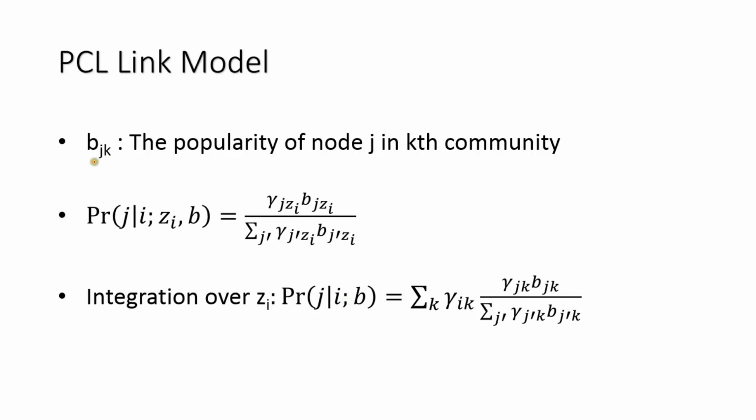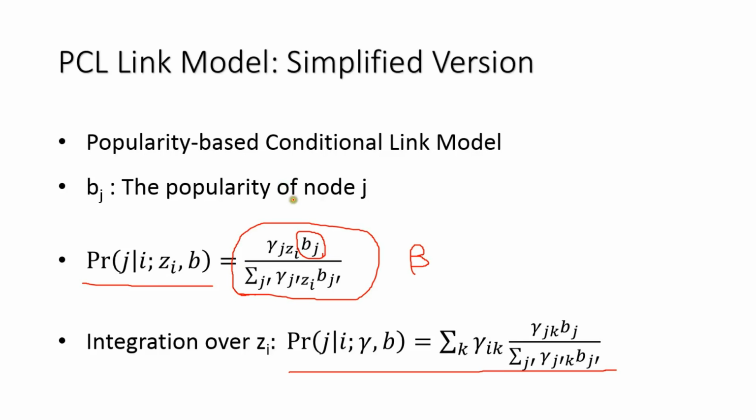Also, in the previous simplified version, we consider the popularity of the node J a constant value regardless of its community membership.